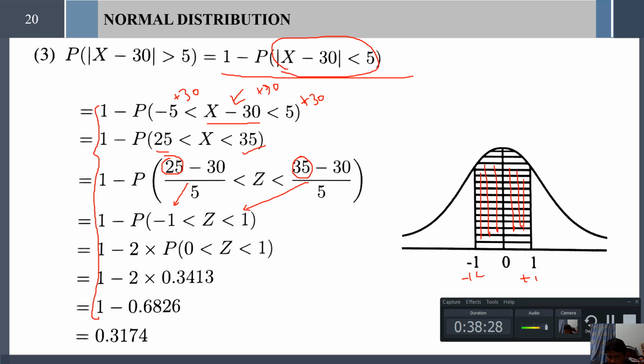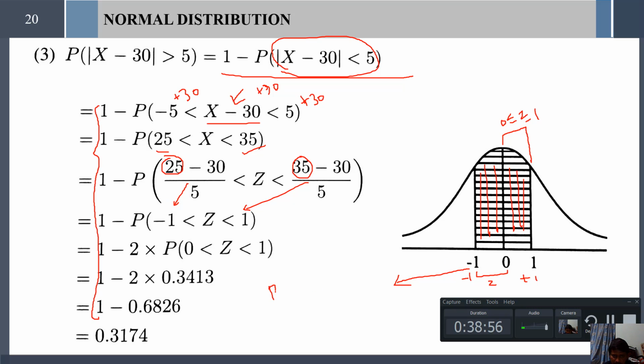Therefore this can be partitioned into two cases: z lies between minus 1 and 0, and z lies between 0 and 1.